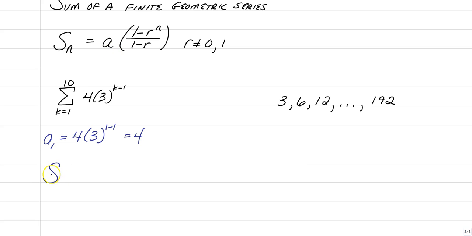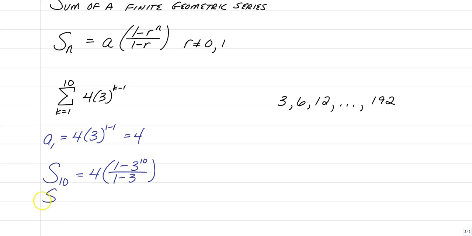So if we're going to find the sum of the first 10 terms, so we're going to find s sub 10, that's going to be equal to our initial term 4 times 1 minus our rate raised to the 10th power divided by 1 minus our rate. And all we need to do is type that into our calculator.